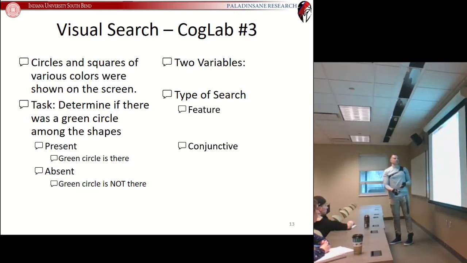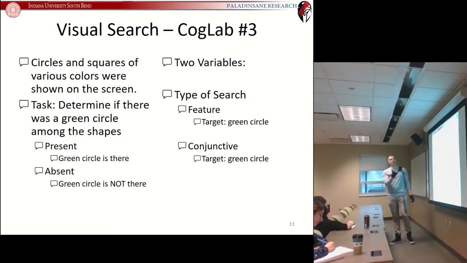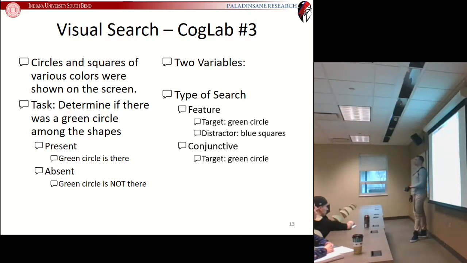In both cases, your target was a green circle. That was what you were looking for in every single trial. The target never changed. It's just the distractors that changed. In a feature search, the distractors were blue squares.